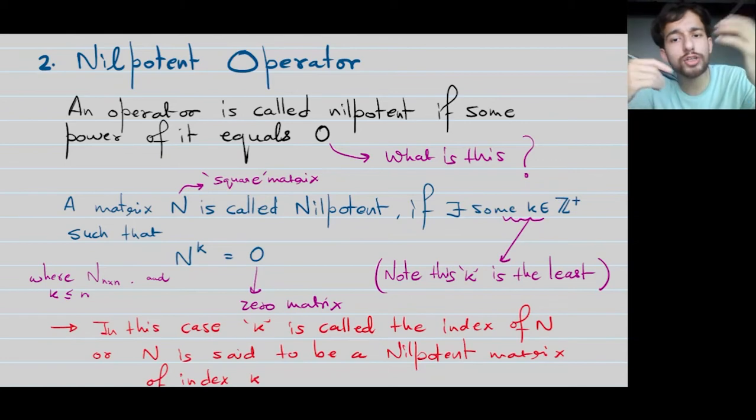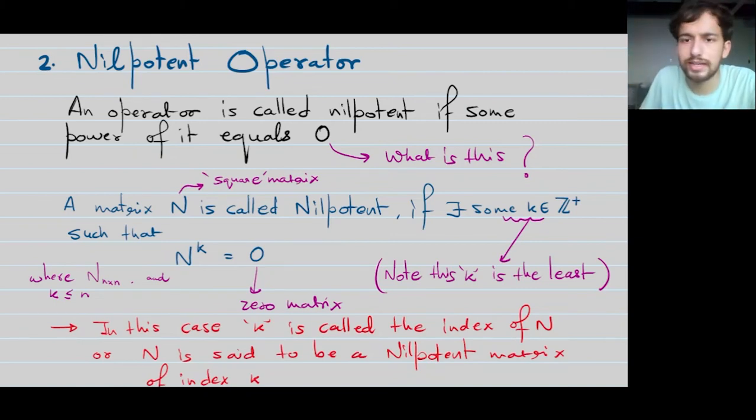Zero operator is nothing but zero. It's a linear operator which maps everything to the zero vector of V. Let me write it. This is also an operator, so it is defined as 0 of small v is the zero element, and this is true for every v in the vector space.